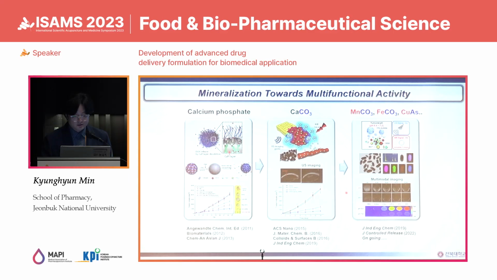Using these calcium phosphate and calcium carbonate minerals, we successfully developed various nano carrier systems, and very recently we have chosen the manganese carbonate or ferrous carbonate phase for the biomimetic mineralization application.